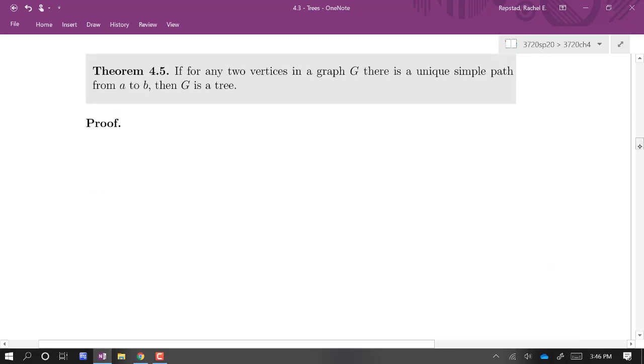Okay. Let's take a look at the next theorem, which is just the converse of the other theorem. Now we're going to say, suppose we have a graph G, any old graph, and if for any two vertices there is a unique simple path from A to B, then G is a tree. We're going to prove this one also by contrapositive.